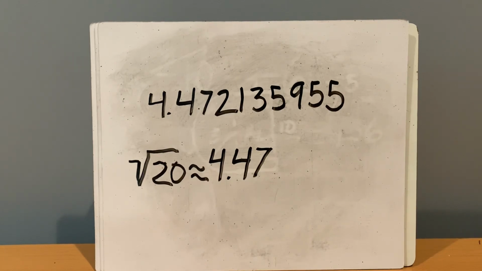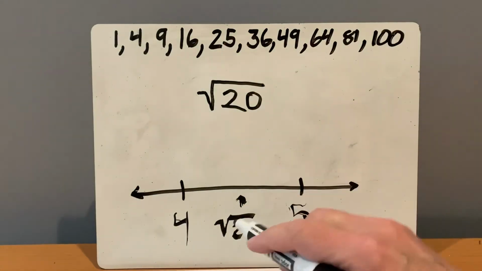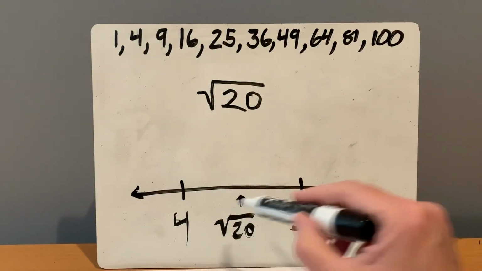Now, in our practice problems, right before your math set, there are some irrational square roots. I want you to practice approximating those. The first section asks you to approximate the two whole numbers that they lie between. So just like here, the square root of 20 lies between 4 and 5.